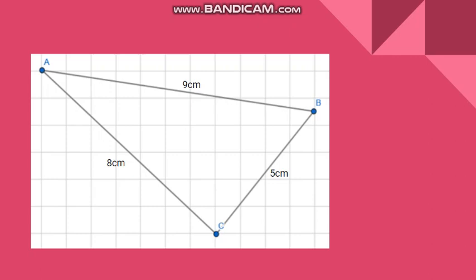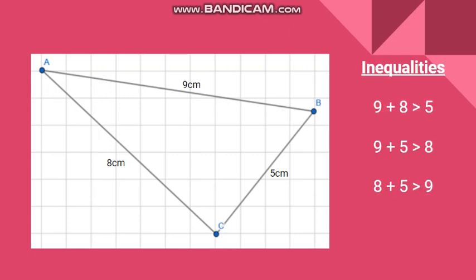So something that looks like this. If you want to check to make sure these would be true, 9 plus 8 is 17, which is greater than 5. That's true. 9 plus 5 is 14, which is greater than 8. That's true. And 8 plus 5 is 13, which is greater than 9. All of these inequalities are true.